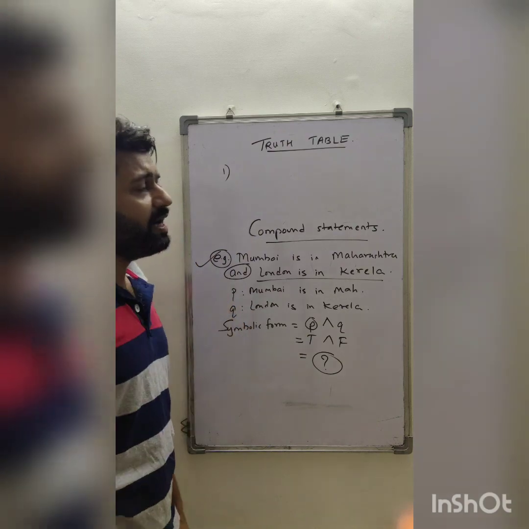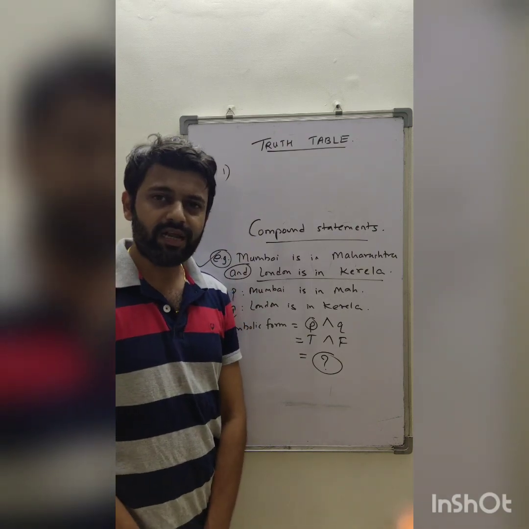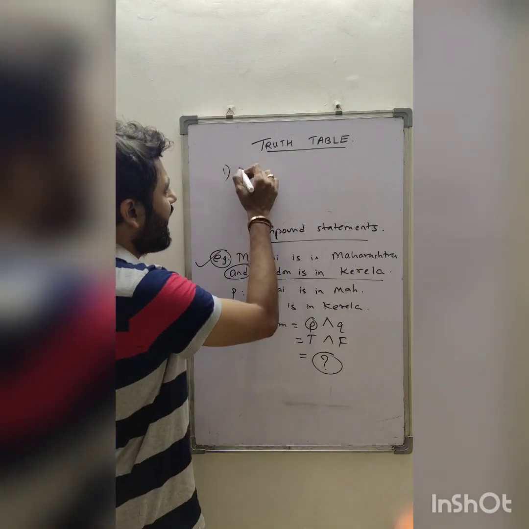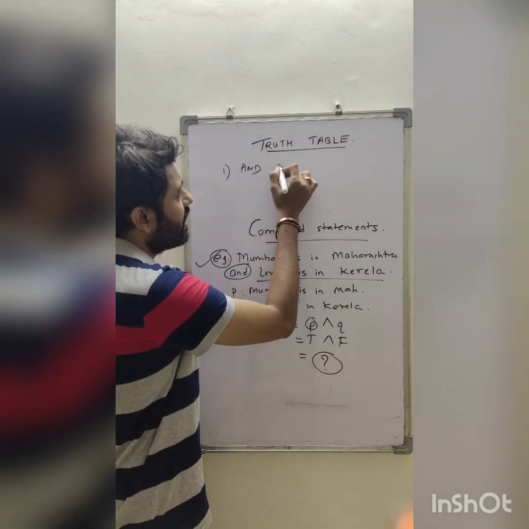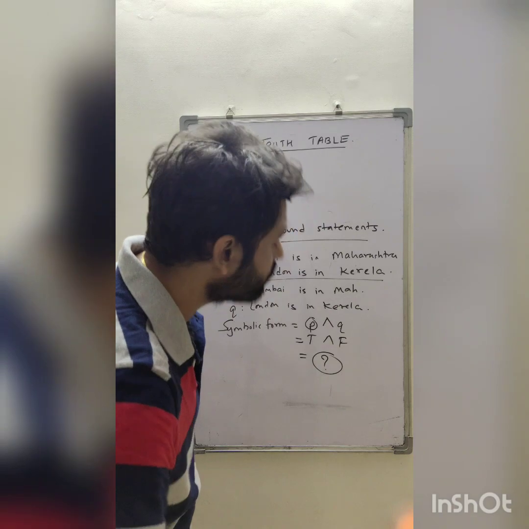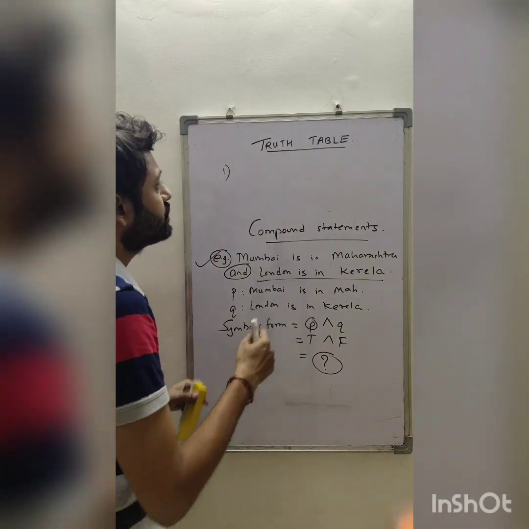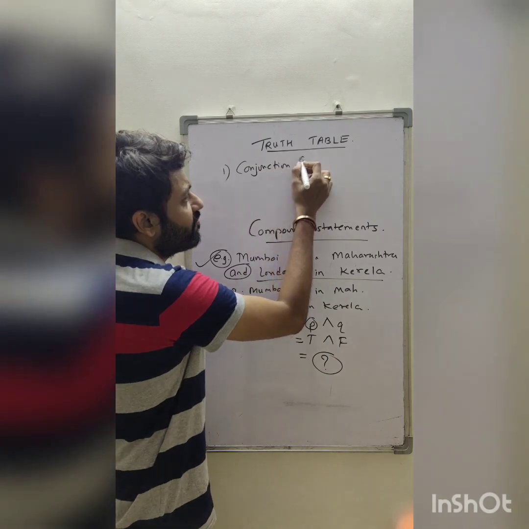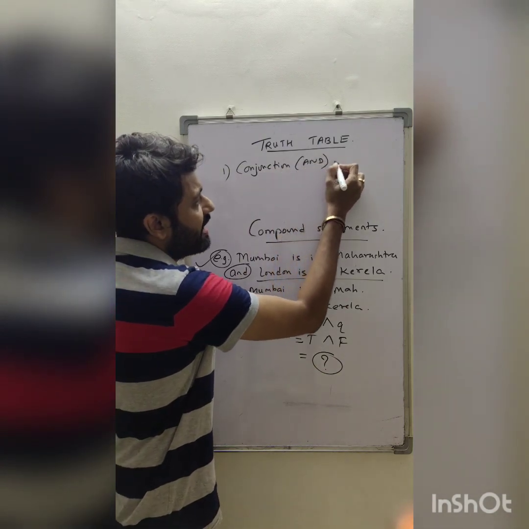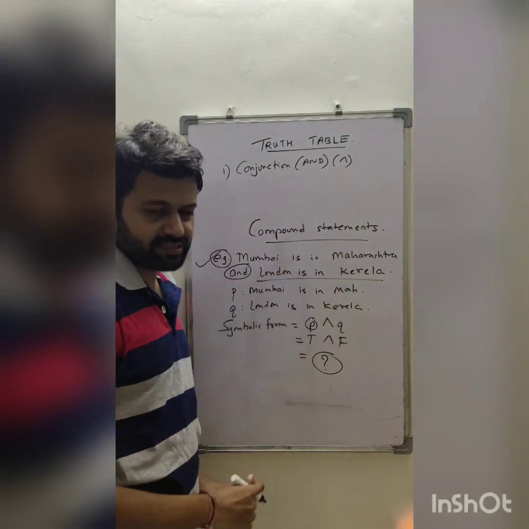So here we are learning the truth table for the word and, which is of course called a conjunction. So the truth table first is for conjunction. The word is and the symbol is this.